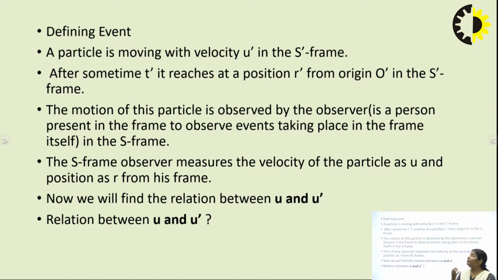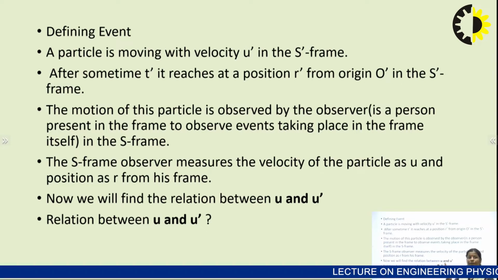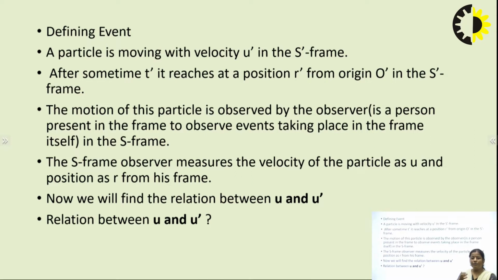So, for that we need to define an event. Any motion, any activity which we define in the frames is termed an event. Suppose we say that a particle is moving in the frame S, or a particle is moving in the frame S dash, so that will be our event. A particle is traveling a distance so and so, that is an event.